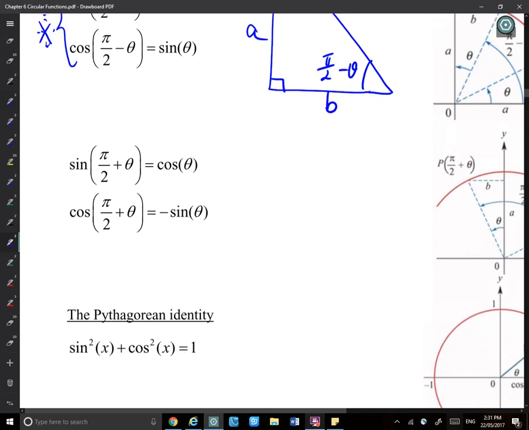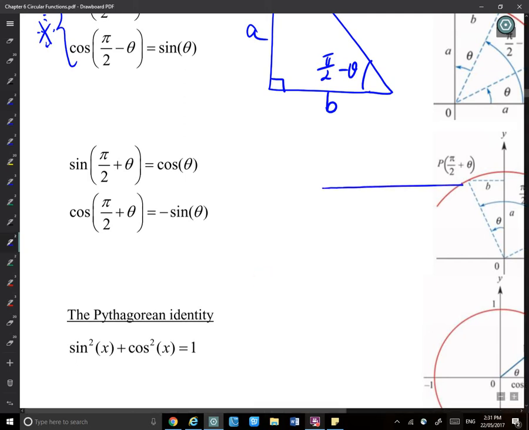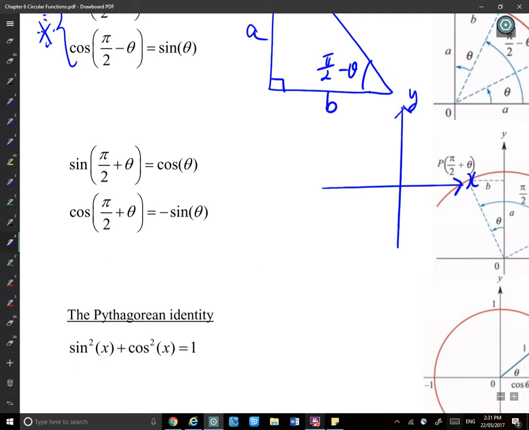For the next two, pi plus theta, pi over 2 plus theta, 90 degrees plus theta. Okay, let's have a look. Where is this angle? Let's see, if theta is an acute angle, which quadrant will it be in? Second.